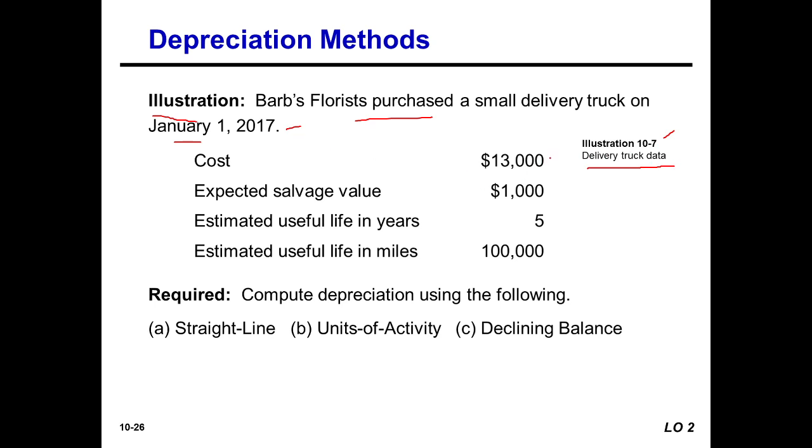Cost $13,000, expected salvage value $1,000, estimated useful life in years 5 years, estimated useful life in miles 1 lakh miles. Required: compute depreciation using the following: A, straight line; B, units of activity; C, declining balance.